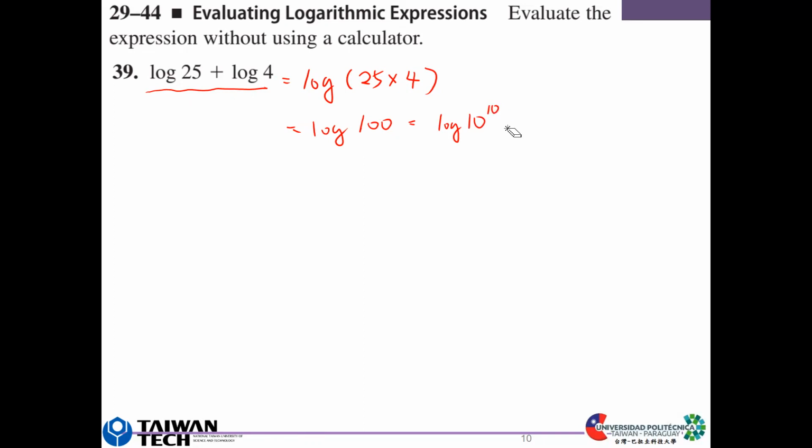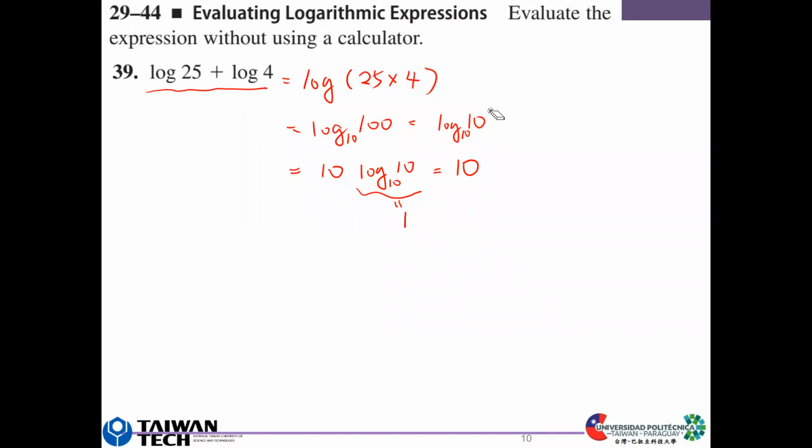Without a stated base, it should be base 10, right? And then log 10 is 1. So which means... no, this is not right.